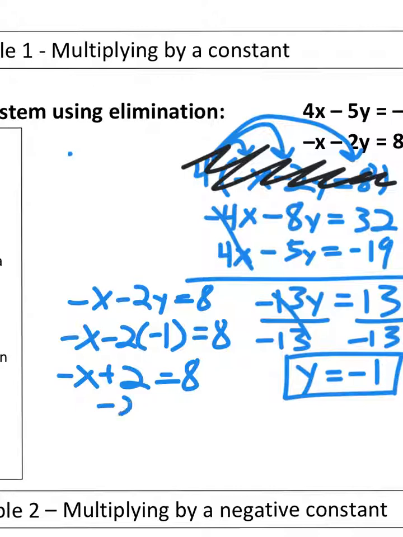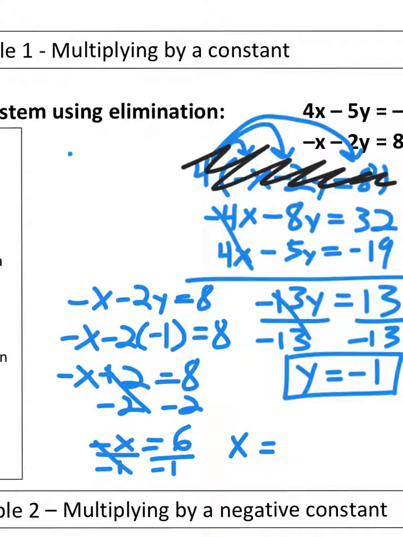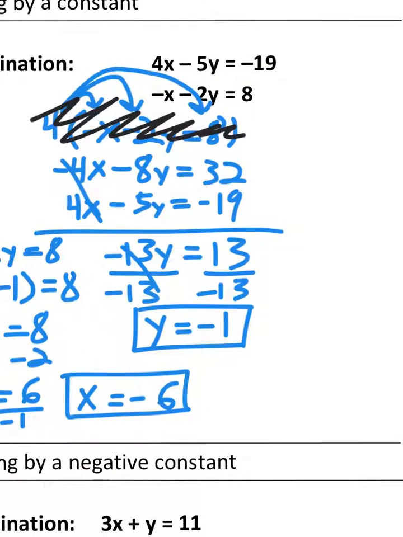I'm going to subtract 2 from the left, subtract 2 from the right. I get negative x is equal to 6. And I want to convert that into a positive. Divide by negative 1, and I get x equals negative 6. So my x term is negative 6, my y term is negative 1, and I can write my ordered pair: negative 6, negative 1.